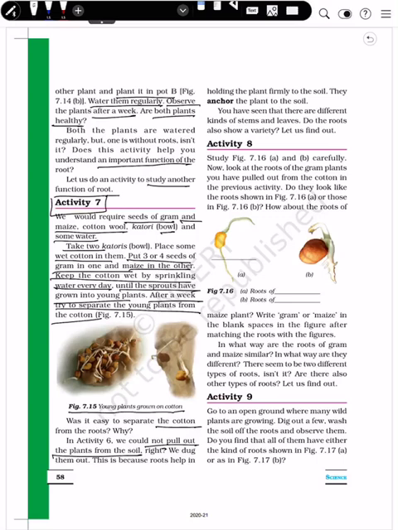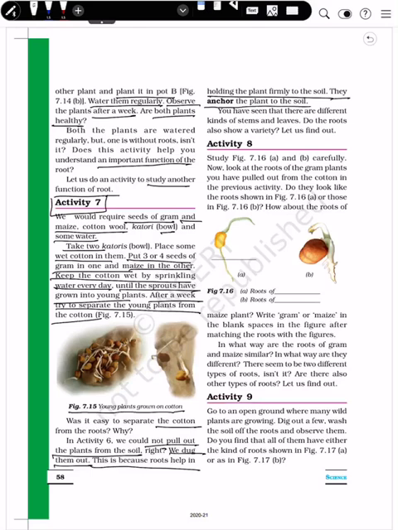We have to dig them out along with the soil, because roots help in holding the plant firmly to the soil. That means they anchor the plant to the soil.